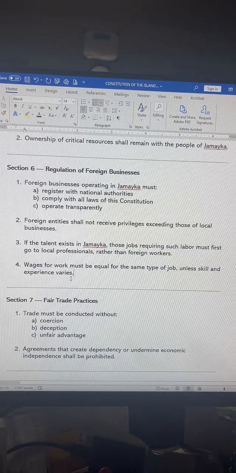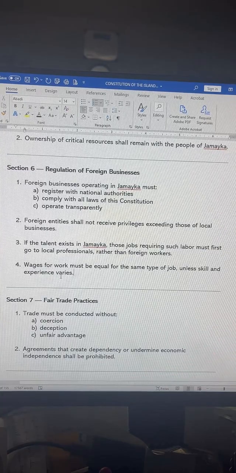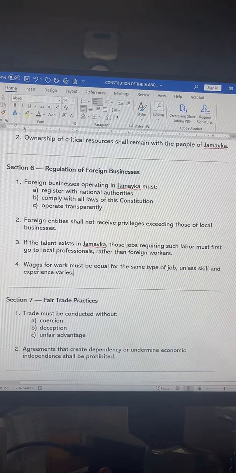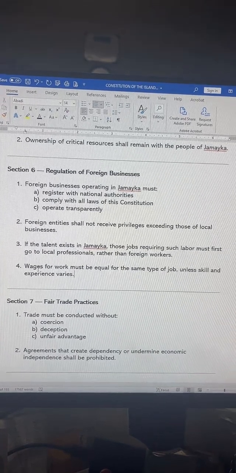So that is an if question. It's not something that we can mandate per se, because we don't know what the future is going to hold.